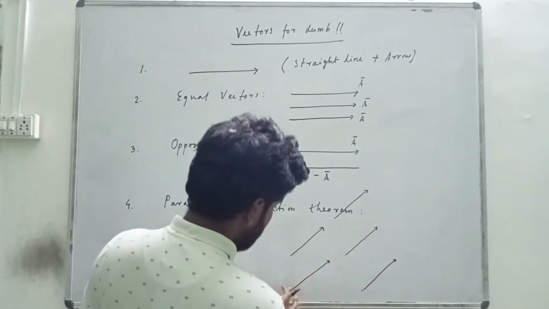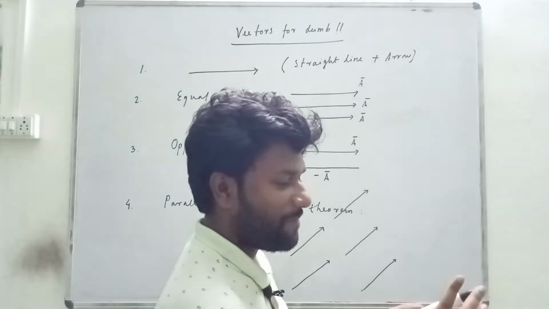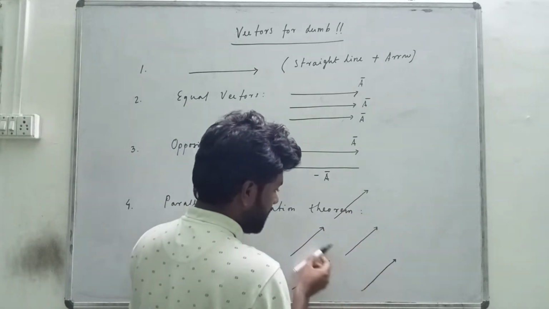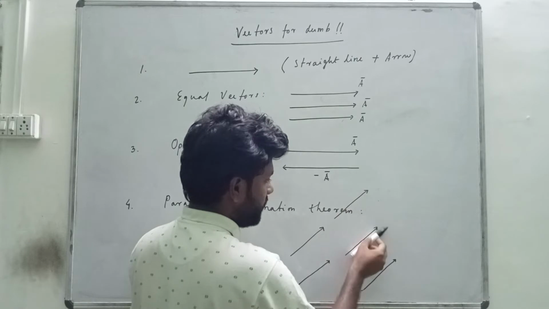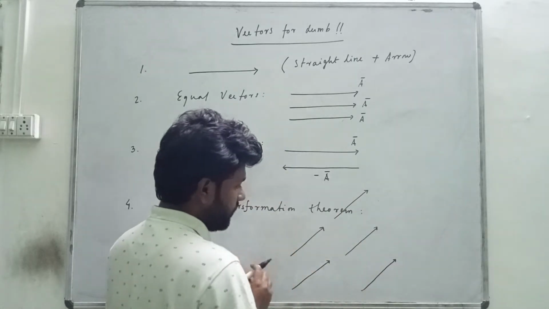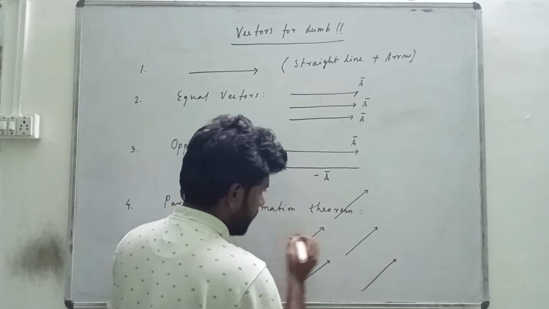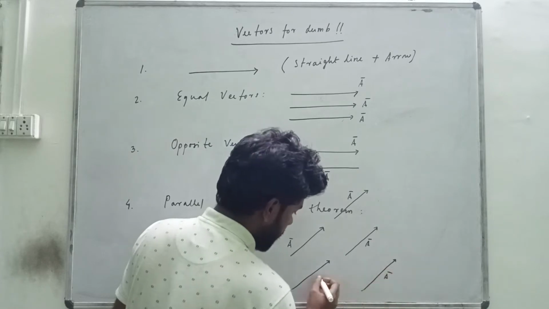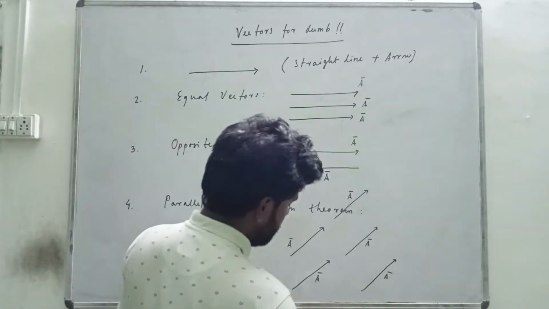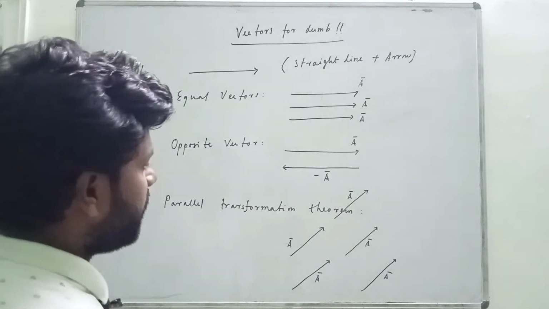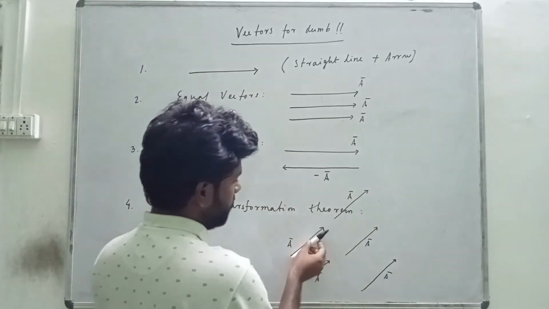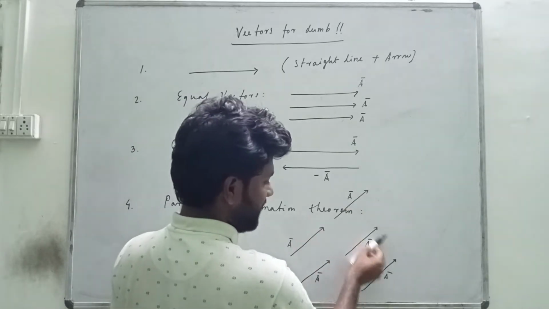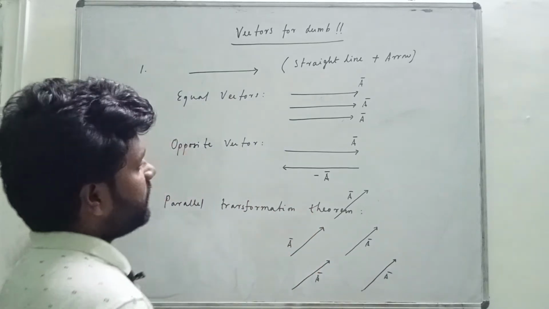Because the magnitude of all the vectors, I mean the length of my pen, should be equal, and I just shift it parallel to itself. That means the directions should be equal, right? So if you call it A, it is obviously A, it is A. So the parallel transformation theorem permits us to transfer vectors parallel to themselves without changing the direction and the length, right?